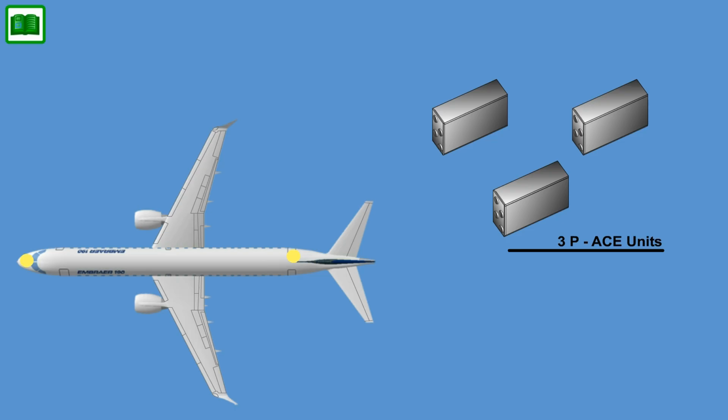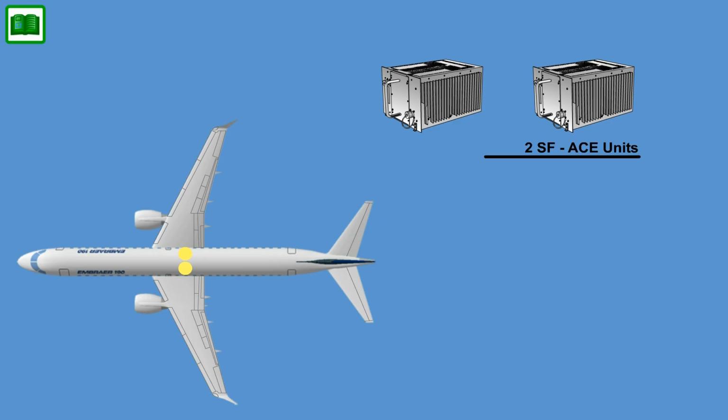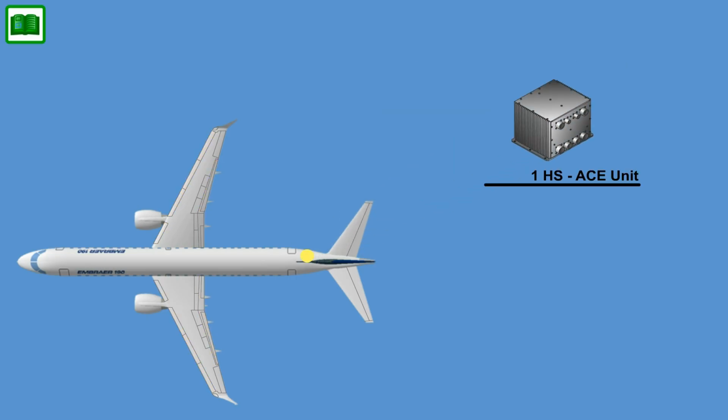The 3 primary ACE units control the rudder and elevator surfaces. The 2 SF-ACE units control the slats and flaps, and the HS-ACE unit controls the horizontal stabilizer.